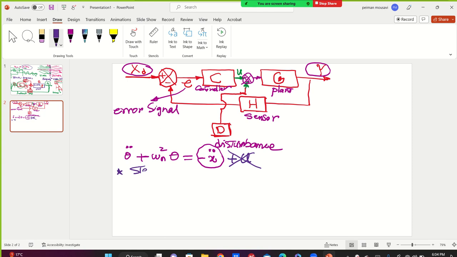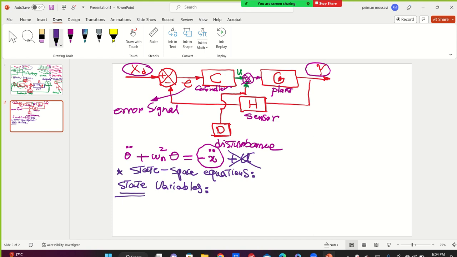State space equations. In state space equations, you have to define state variables, meaning variables that are indicators of the system state.